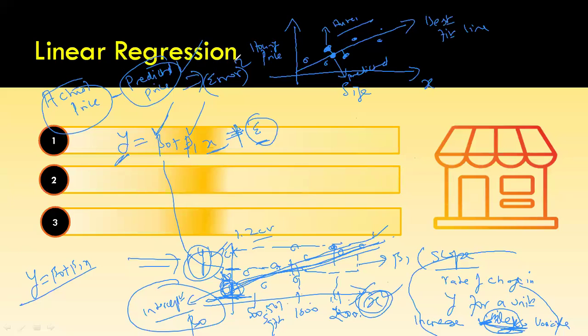So how much error is there? If you have a negative error along with the positive error, the plus and minus will get subtracted. And at the end of the day, you'll think, hey, the error is less, my model accuracy is good.